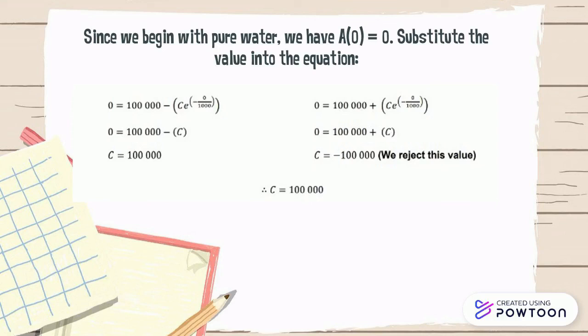For the second equation, 0 is equal to 100,000 plus c exponential to the power of -0 divided by 1000. So we have 0 is equal to 100,000 plus c, so we get c equal to -100,000. One will be rejected. So we have c equal to 100,000.